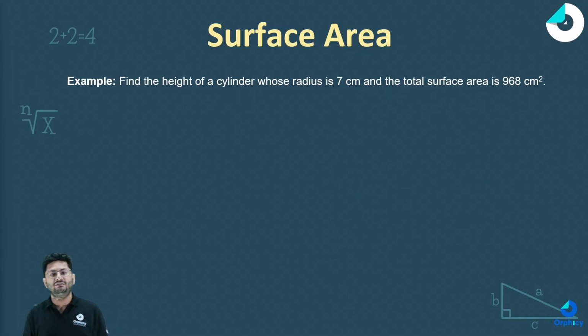Find the height of a cylinder whose radius is 7 and the total surface area is equal to 968. So total surface area is denoted by TSA, that is equal to 2 pi r (h plus r). So the total surface area is given as 968, equal to 2 into 22 by 7 into the radius, which is known, that is 7, into (h plus 7).